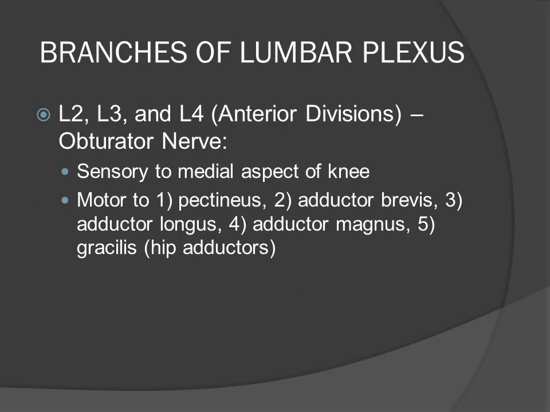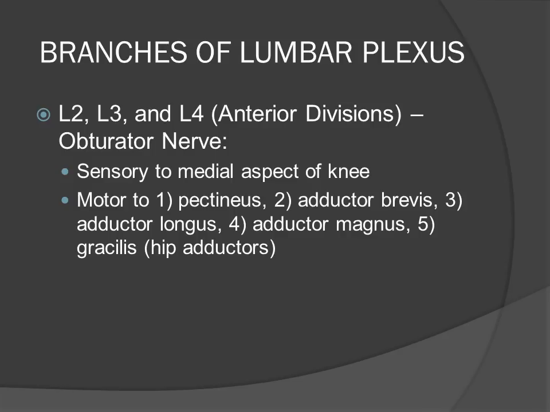Then finally, L2, L3, and L4, that is the anterior divisions of those nerve roots, combine to give us the obturator nerve. And the obturator nerve, like the femoral nerve, is a mixed nerve, meaning it has sensory and motor functions.